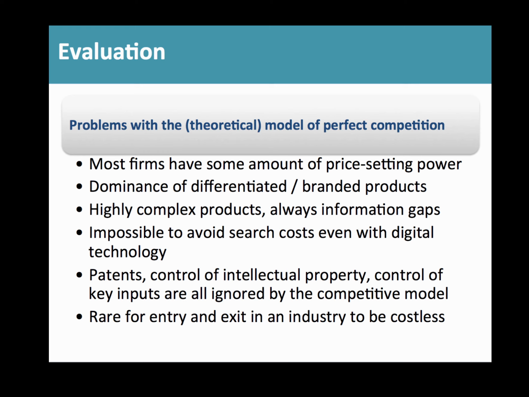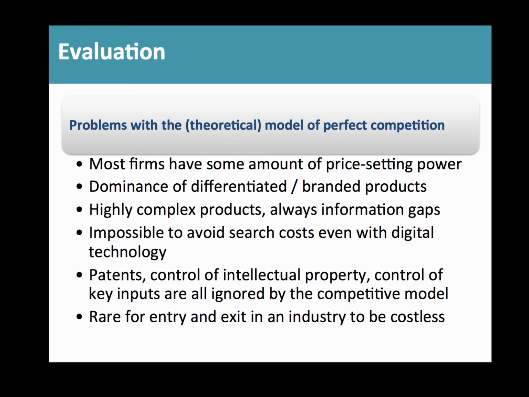We live in a world of complexity. We live in a world where people don't necessarily understand the characteristics of the painkillers they're taking, or the pensions they're buying, or the cars they're purchasing. So we live in a world of complexity, and that allows us to drop the assumption of perfect information. Indeed, many of you at AS level would have studied information failure as a cause of market failure.